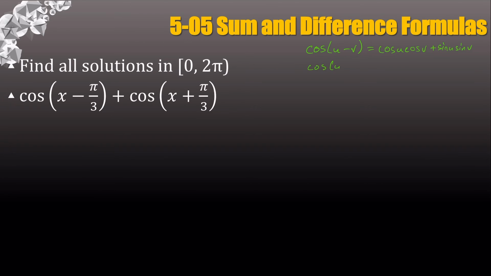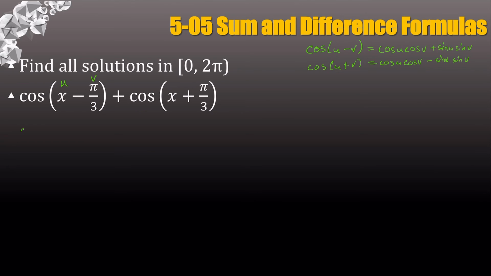And cosine of u plus v is cosine u cosine v minus sine u sine v, where u is x and v is pi over 3.